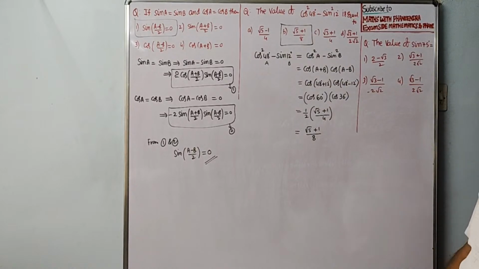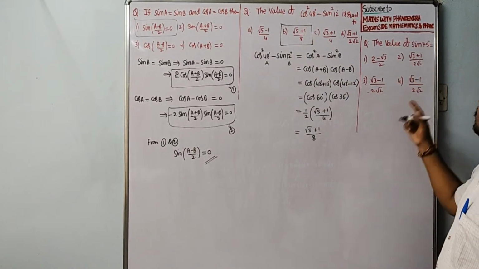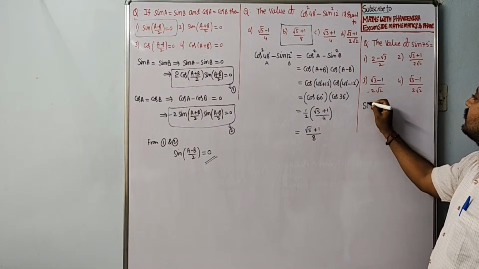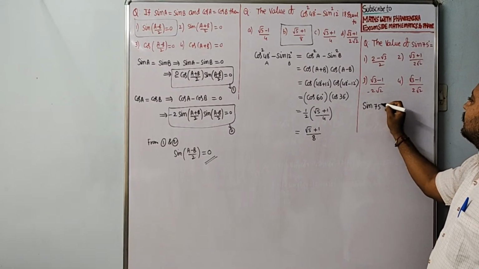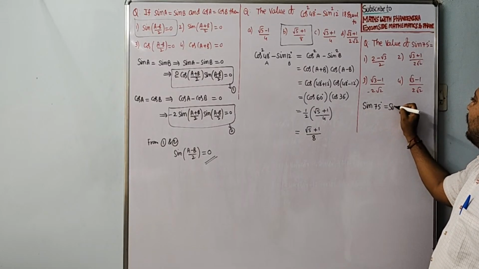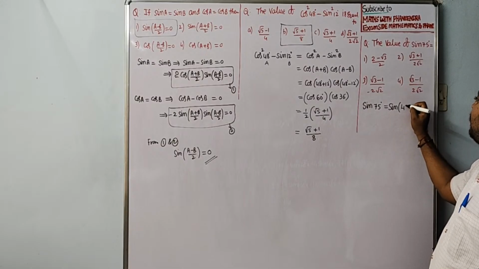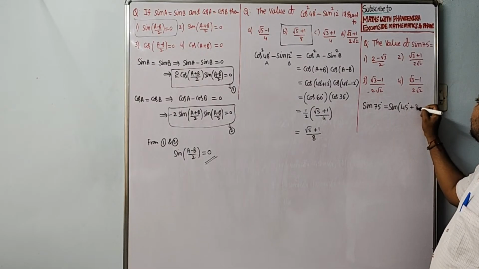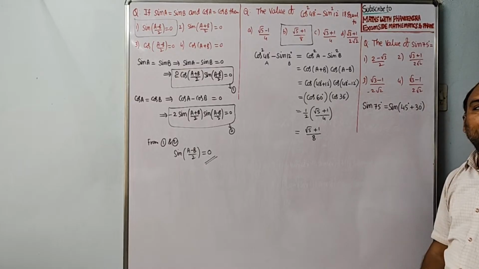Okay. Now we'll move to the last question in this session. Sine 75 degrees is equal to sine 45 degrees plus 30 degrees. Is it in the form of sine of a plus b or not?